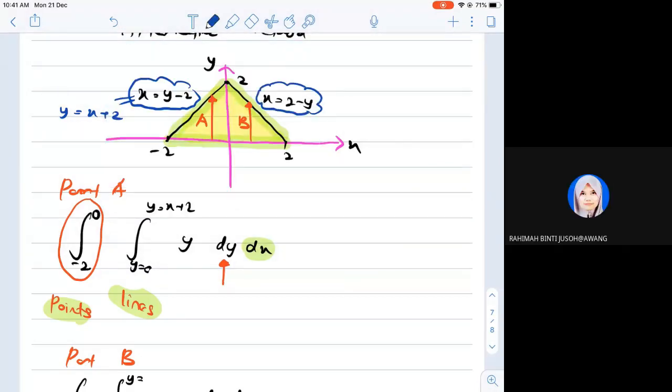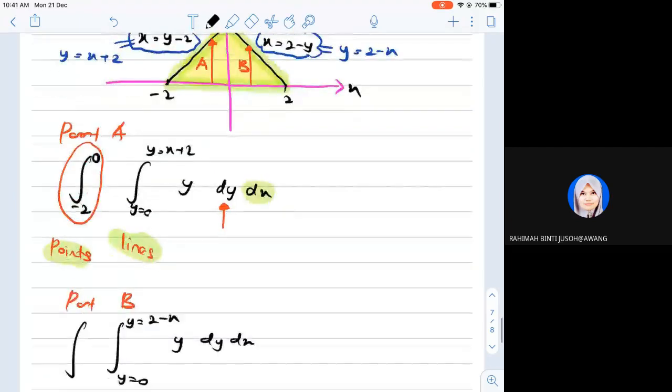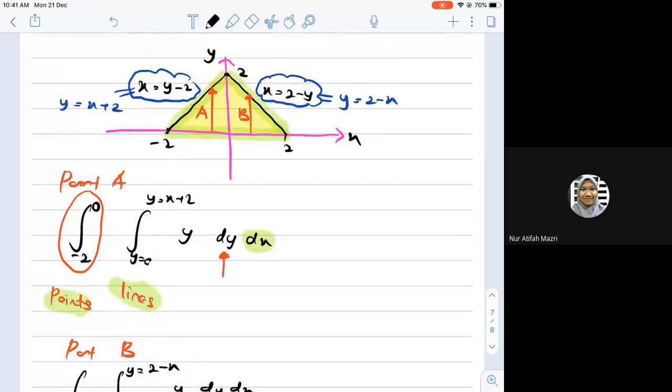This one. y equals 2 minus x. Well done, very good. And then the limit of x from 0 until 2.